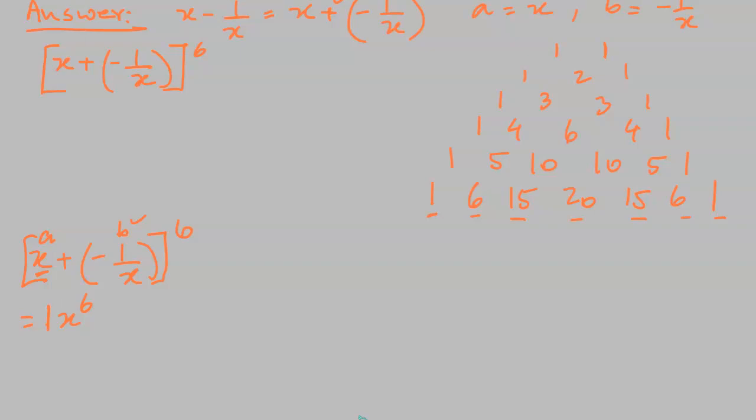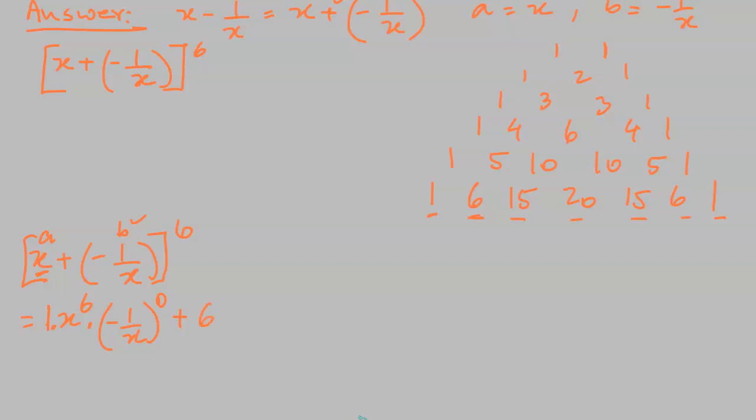Okay. So it is 1 times x to the power of 6 times negative 1 over x to the power of 0, plus the second term's coefficient is 6.